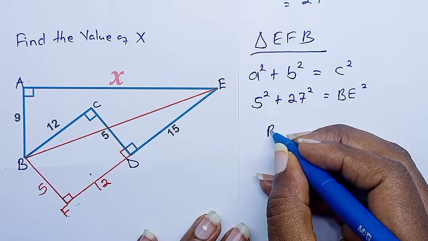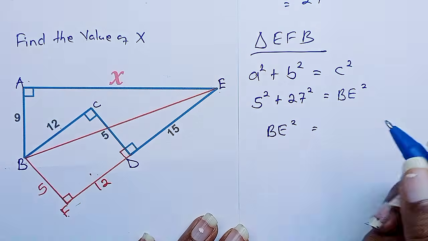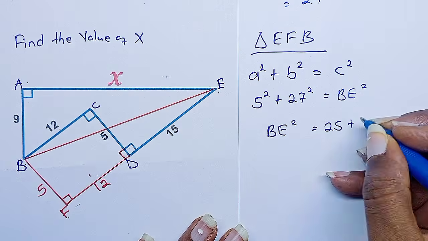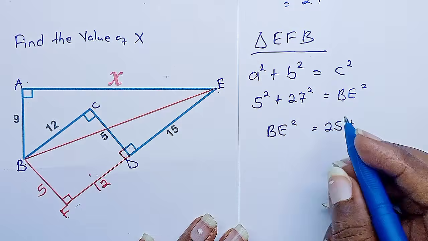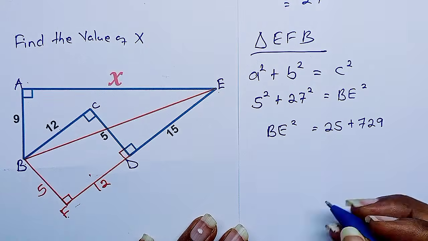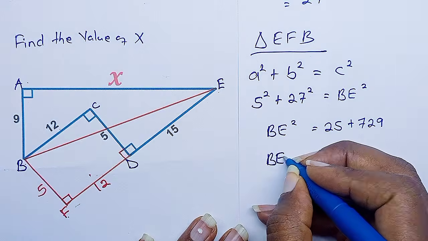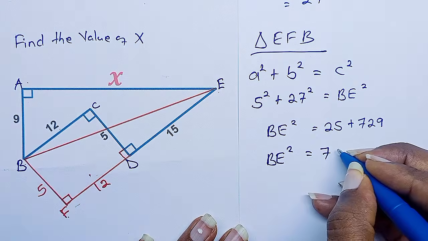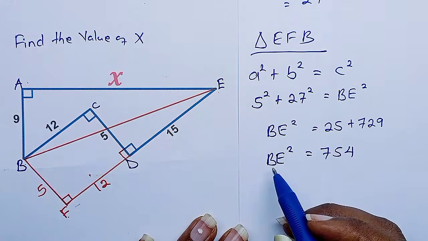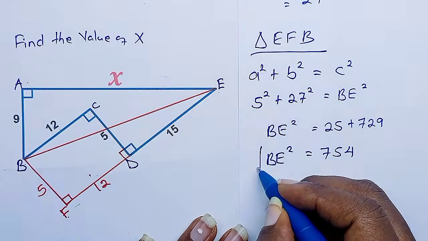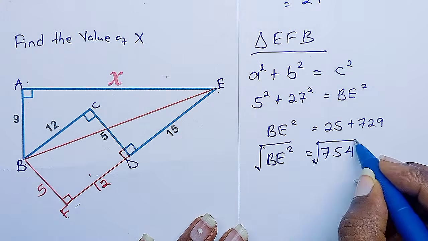Now BE squared will be equal to 5 squared is 25 plus 27 squared gives us 729. So BE squared is equal to this plus this, we get 754. So now since this is squared, to get rid of the square, we find the square root on both sides.